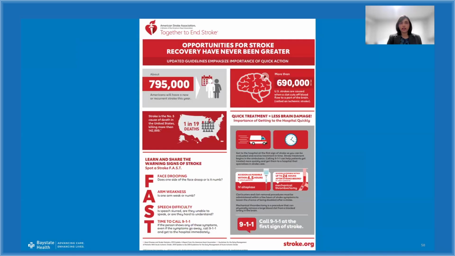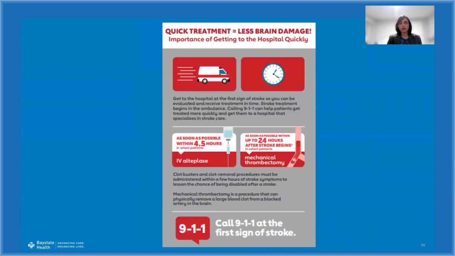This is again just to recap what we all discussed today. What's important here is that timely intervention, recognizing the signs and symptoms of stroke, and calling 911 are important. Don't try to drive yourself. Don't take your family in your own car.